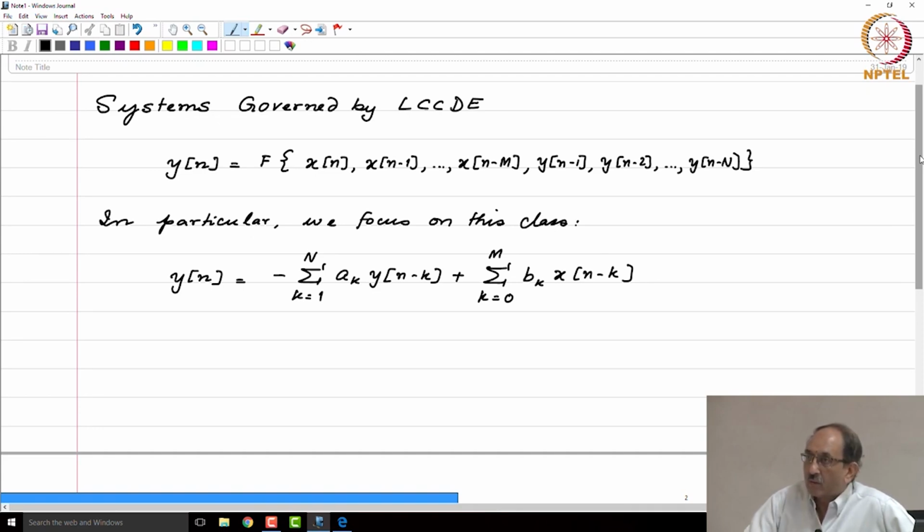In fact, that's a good question. Can you give an example of an LTI system in continuous time that is not in the form of a linear constant coefficient differential equation? So this you must know from what you have learnt already. Say that again? No, that's a signal, right? Here we are talking about a system.